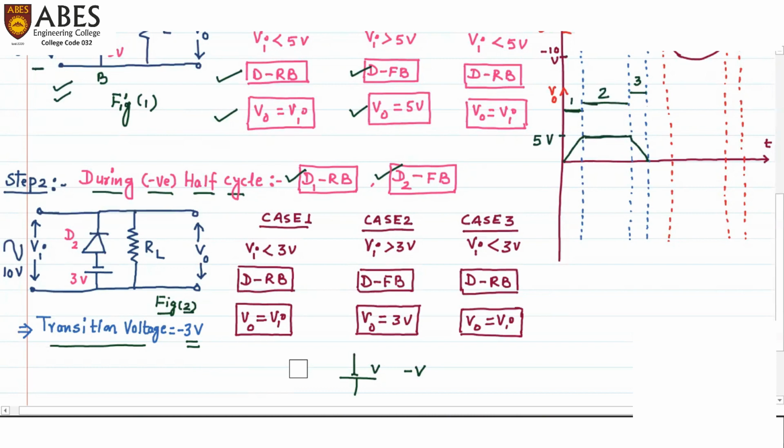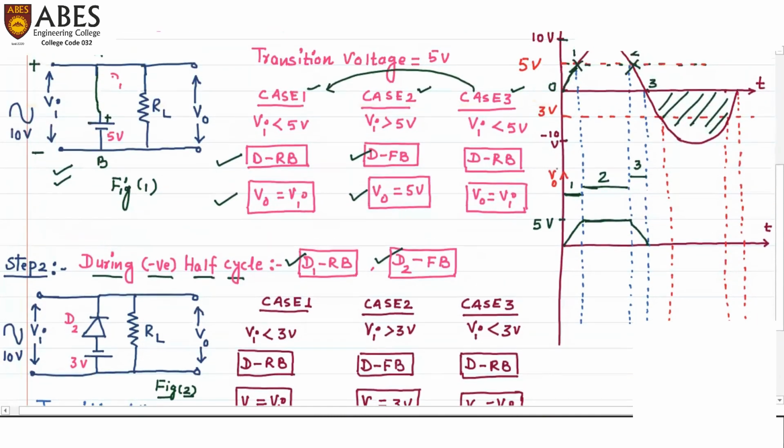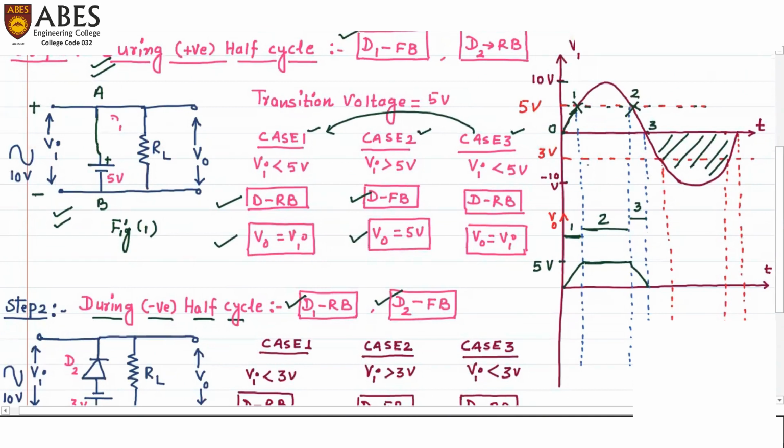Once the transition voltage is calculated, now we need to mark it on the input waveform. Because the transition voltage is -3, it is also shown by the red dotted lines during the negative half cycle. So this is the transition voltage, -3 volts. This -3 volt transition voltage again cuts the negative half cycle at two places.